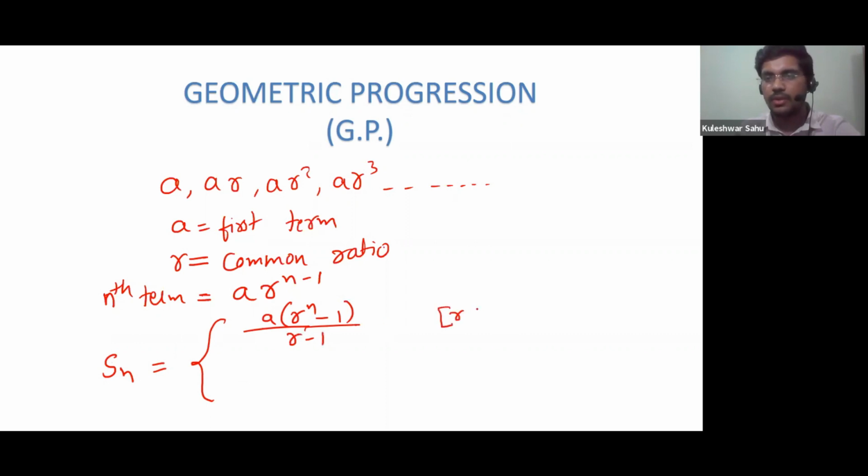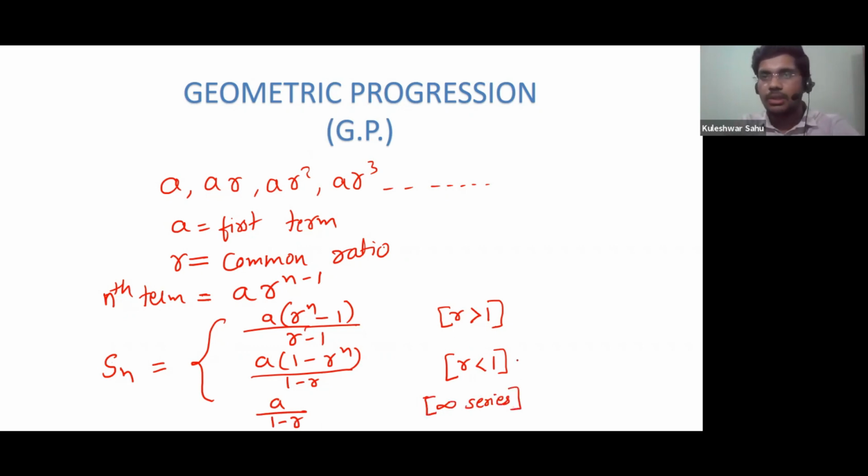This particular formula is for when r is greater than 1. Second formula, a (1 - r^n)/(1 - r). This is for when r is less than 1. There is one more formula, which is a/(1 - r). This particular formula I'll be using for the infinite series.